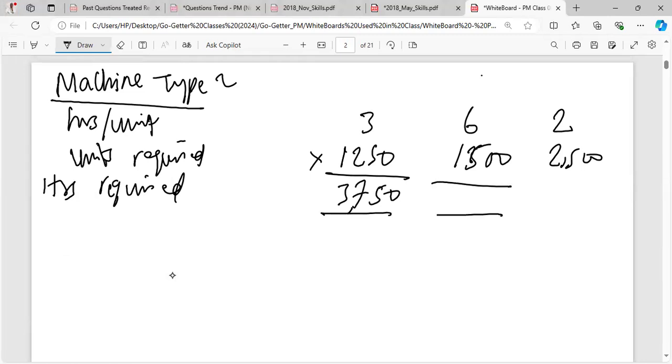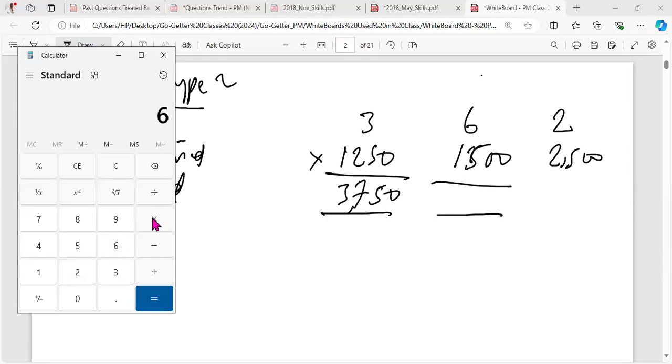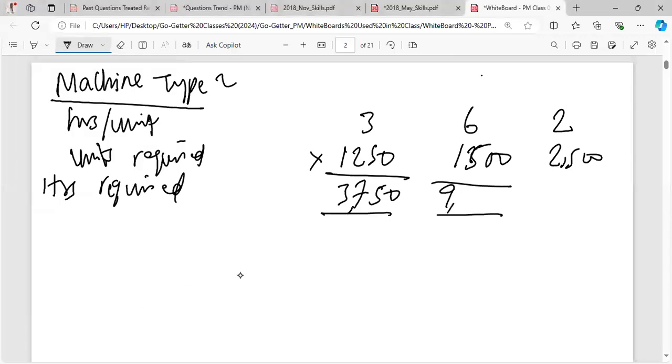Here, 6 times 1,500 is 9,000. Then 2,500 times 2 is 5,000.